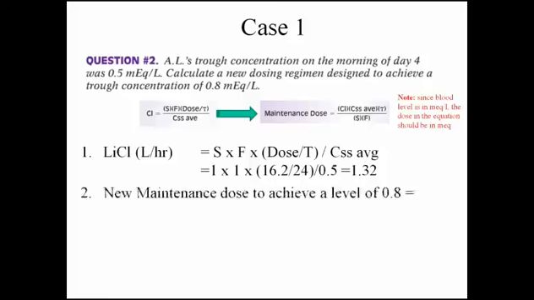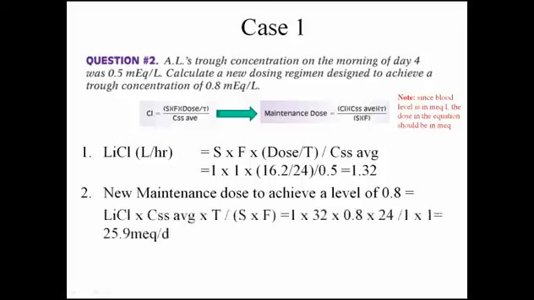The new maintenance dose that can achieve a level of 0.8 is equal to that clearance multiplied by the level of 0.8. So lithium clearance times the level. Of course, we consider tau, 24 hours. S and F are 1.